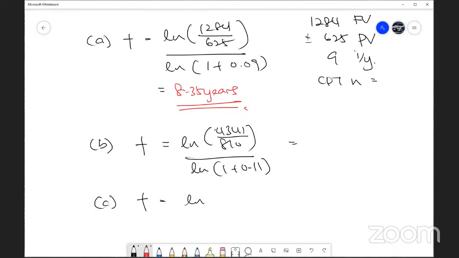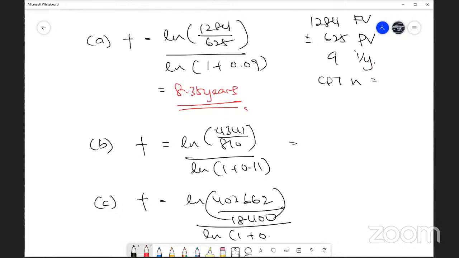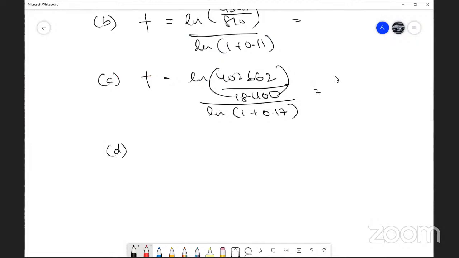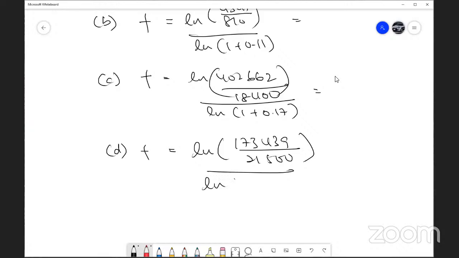C, and the last one, ln of 173,439 divided by 21,500, and done.